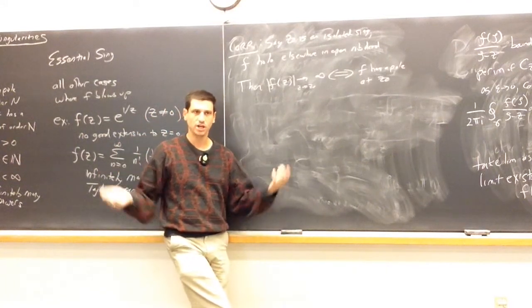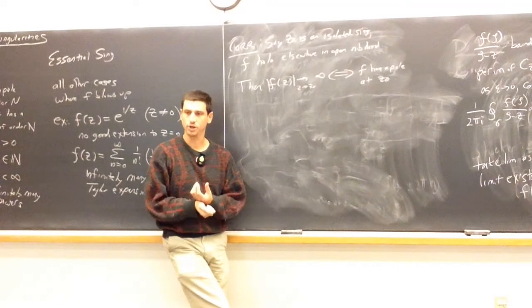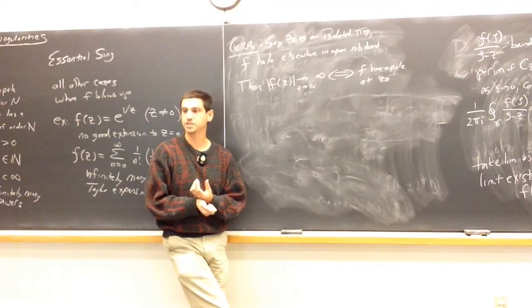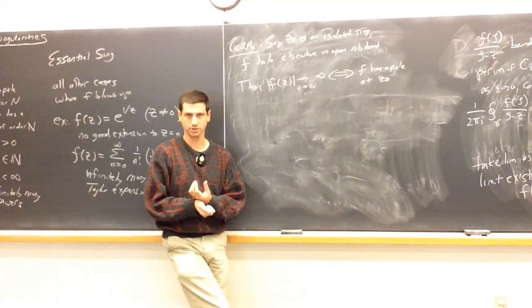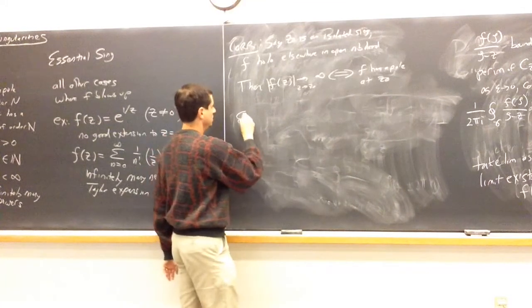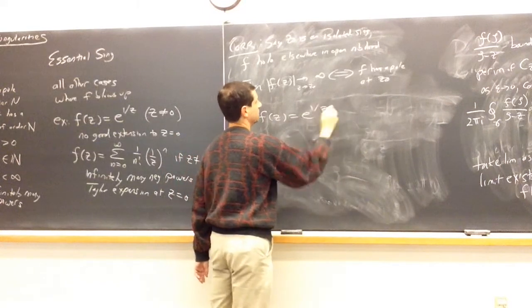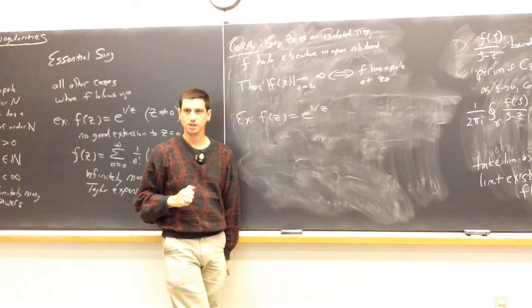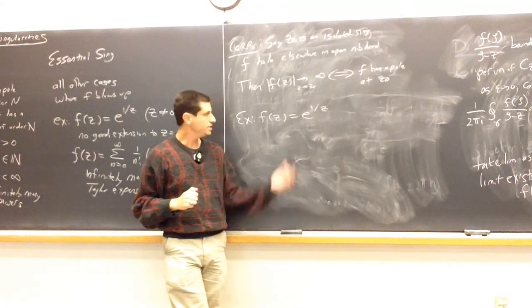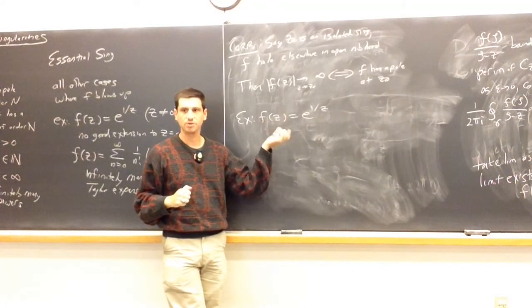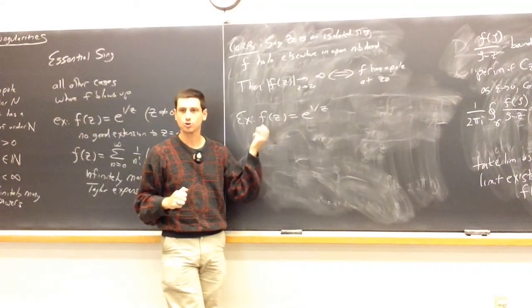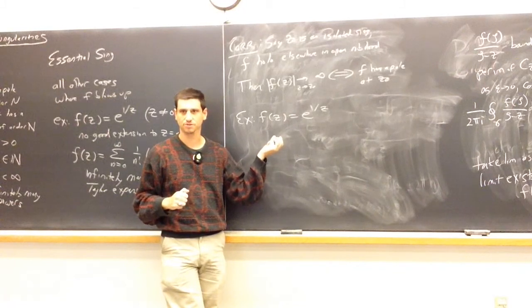So this is a nice way to describe what it means to have a pole. If you have a pole, then as you get closer and closer to that point, your function is getting larger and larger in magnitude. So for example, let's consider f of z equals e to the 1 over z. Do you think this is going to get arbitrarily large for all choices of z going to 0?